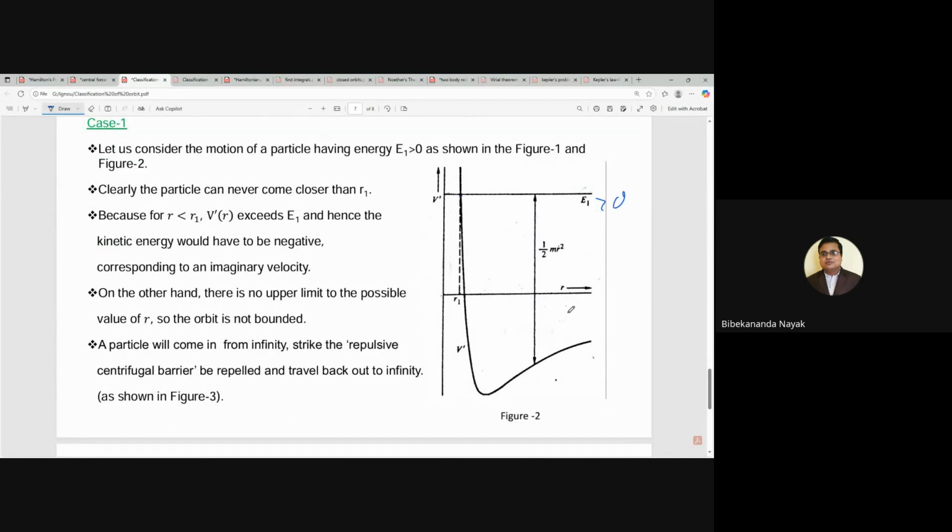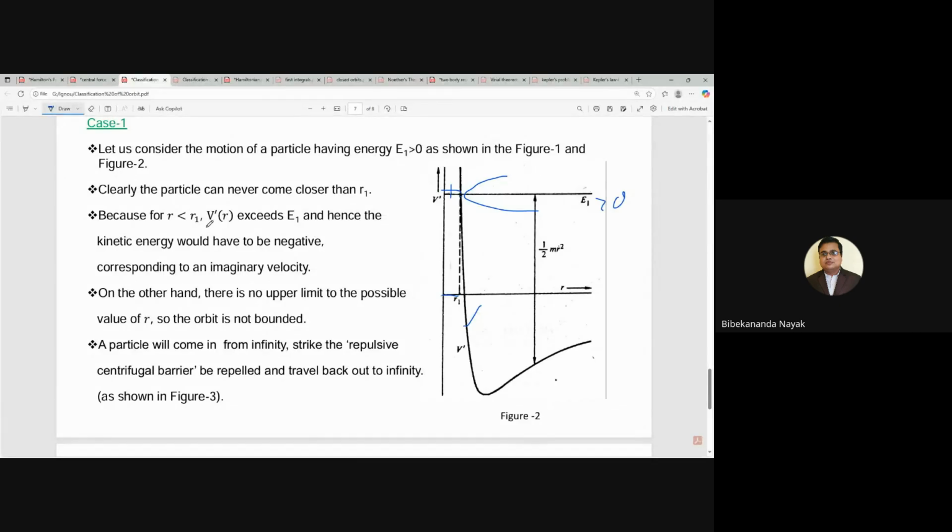According to our figure, this is the V prime curve, half m v square. So the particle can never come closer than R1. If this distance is R1, the particle comes and goes back like this. It can never come closer than R1.